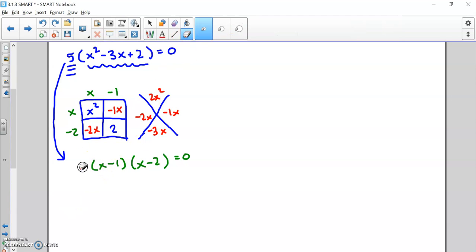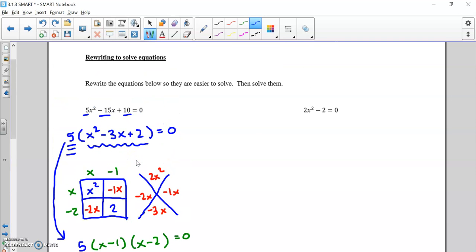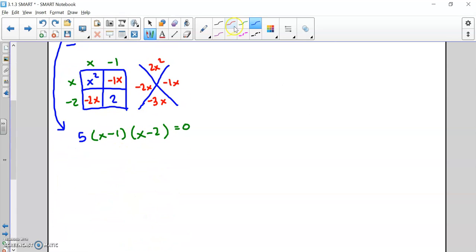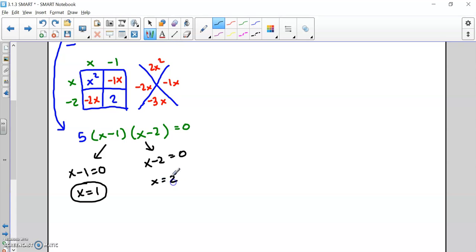All right, so really our correct factored form is 5 times whatever we got from our box. Now let's not forget that the problem originally asked us to solve the equation. So once we get to this point, we still have to finish off the process by setting each factor equal to 0. And then you get an answer of positive 1 and also positive 2.